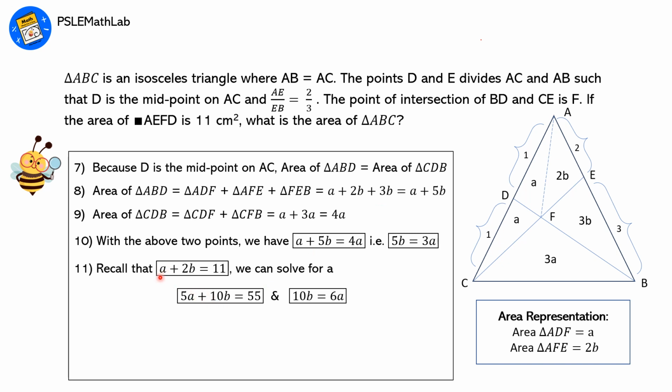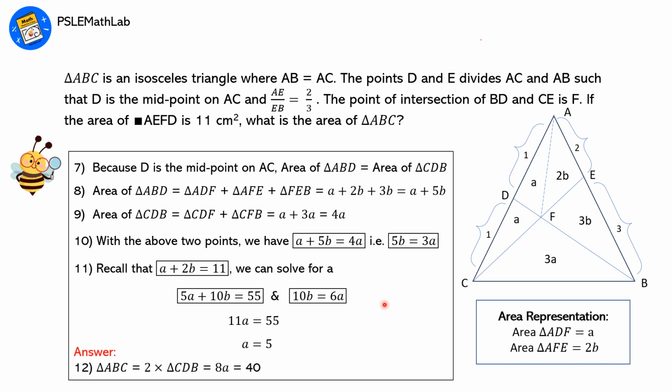So we multiply both sides of the first equation by 5: 5A plus 10B equals 55. And we multiply both sides of the second equation by 2 to have 10B equals 6A. Now we can cancel out 10B altogether to have 11A equals 55, which gives us A equals 5.